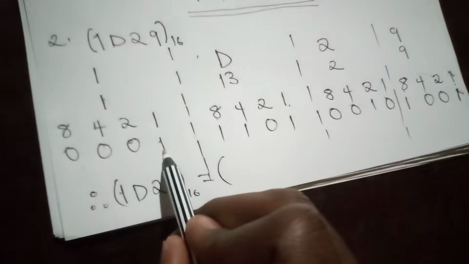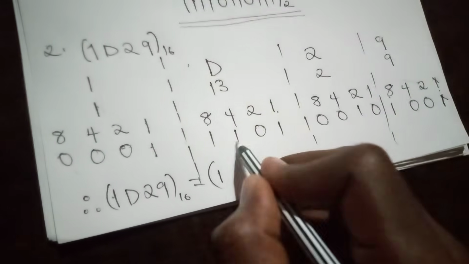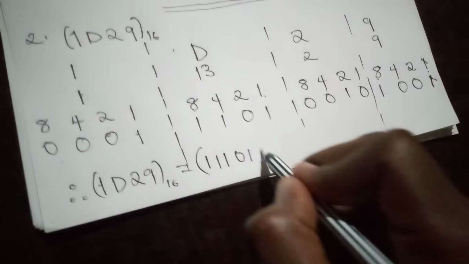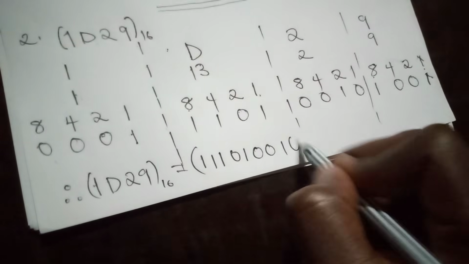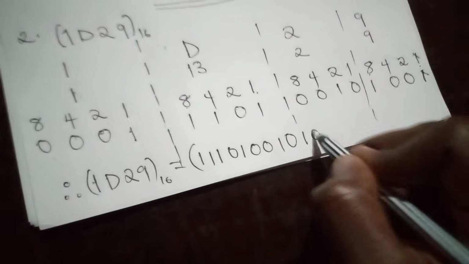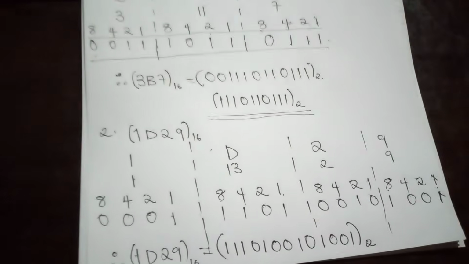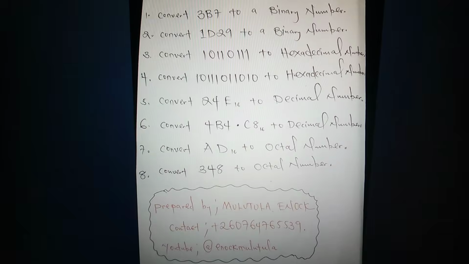So I'm going to start from 1 1 1 0 1 0 0 1 0 1 0 0 1 in base 2. So these are the required solutions to questions 1 and 2. We can proceed to the next question.